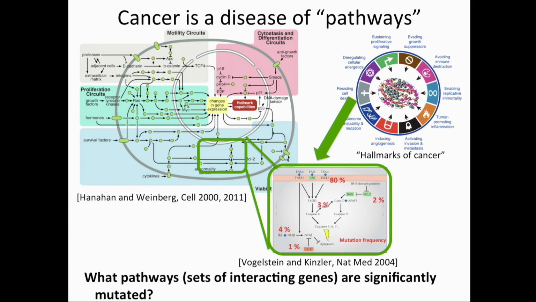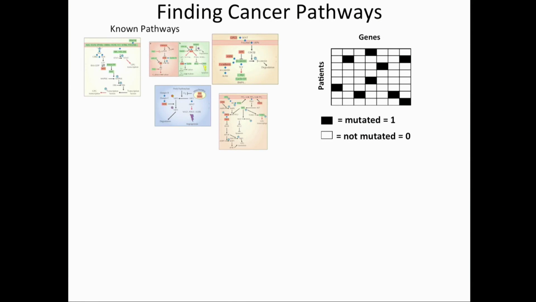OK, so how can we identify these sets of interacting genes? Well, a common approach in the literature is to first look at known pathways. There are databases that define sets of genes that perform some function, and we can take these predefined sets and consider each pathway individually.